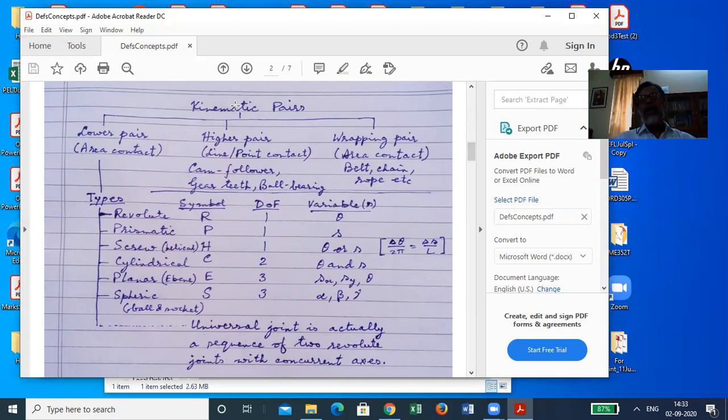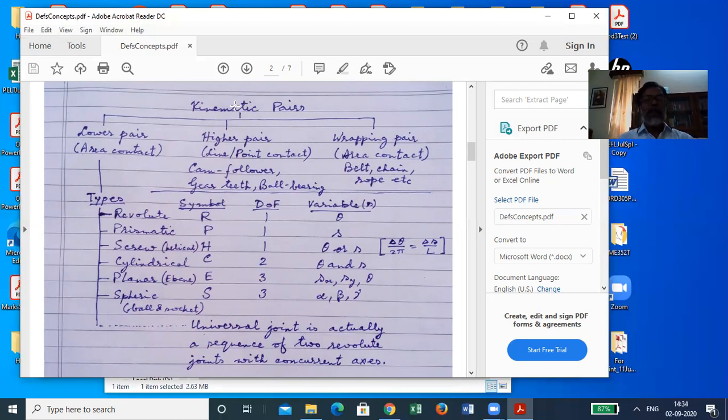Lower is ordinary kind of contact, okay? Like this, the example that I gave you. This has a surface, this has a surface, and they contact just like that. Okay? So it is a lower order of contact, ordinary kind of contact. Okay? So an area contact between the two elements of the two links give you a lower pair.